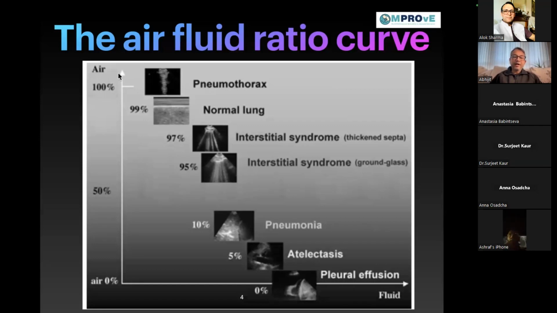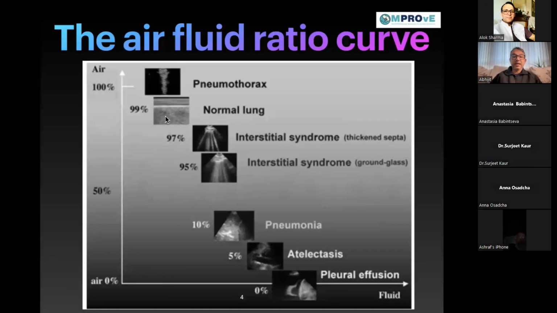Now, if you have 100% of air, you call that a pneumothorax because there is no lung and it's only filled up with air. And you don't see the pleural line as well. So that's 100% air, pneumothorax. And at 99% air, with the sliding of the visceral and the parietal pleura, you see a normal lung. And as it should be for the normal lung, it's filled up with 99% air.